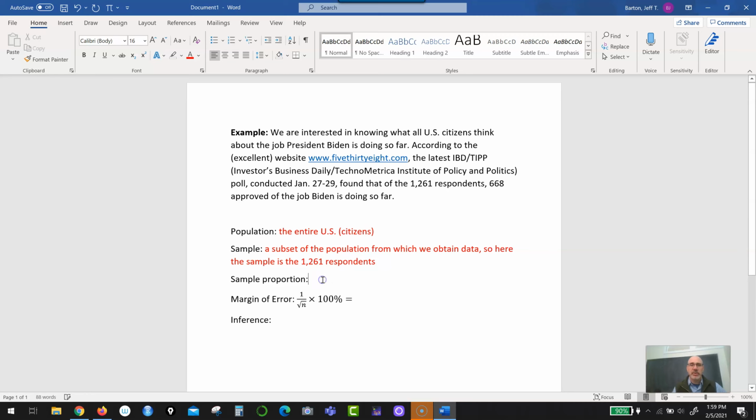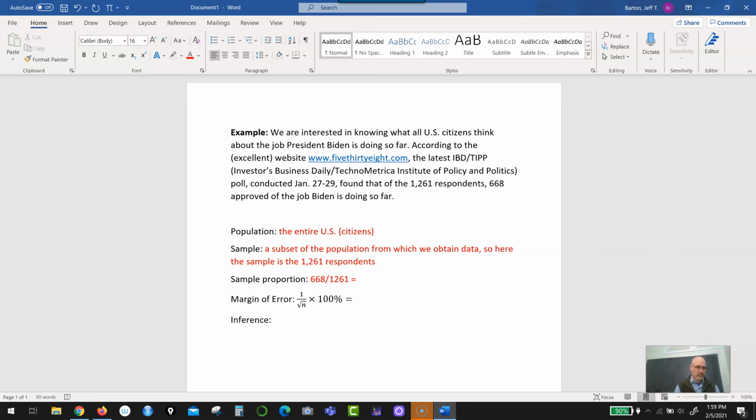Now, what about the sample proportion? Well, it's a quick calculation, but we're trying to get a sense for how many people or what people think of the job that Biden is doing. And so one way to get at that is to look at the proportion that think he's doing a good job. So we're going to take 668 and divide that by 1,261.